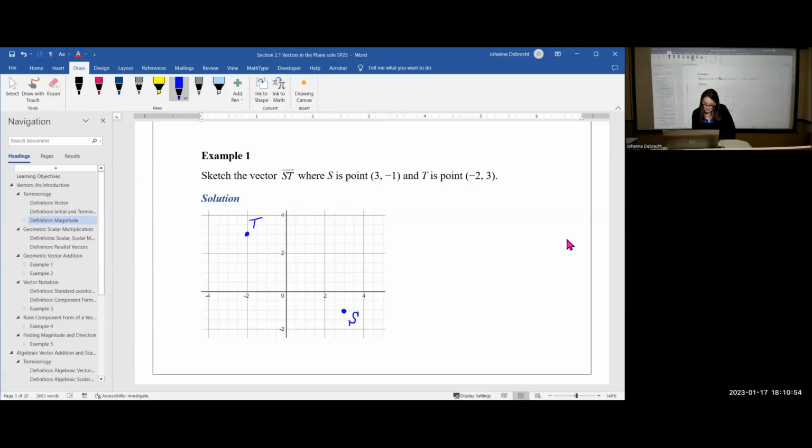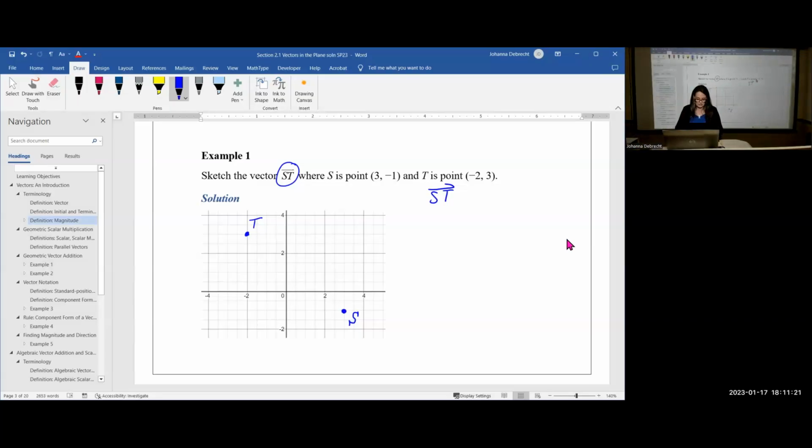And I want ST. Again, it's always given in order with initial point first and then terminal point second. So ST has to start at S and go to T. What I typically do is keep either a credit card, an ID, an index card, or a business card. All of these things make great rulers for drawing things.